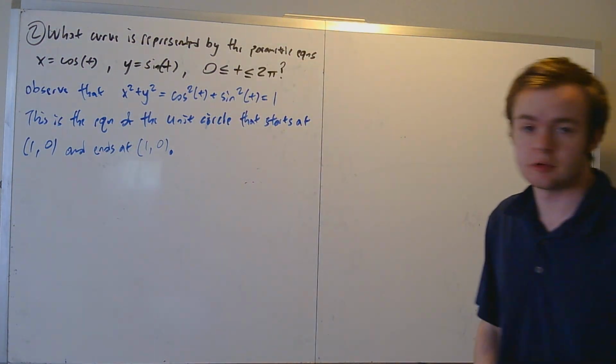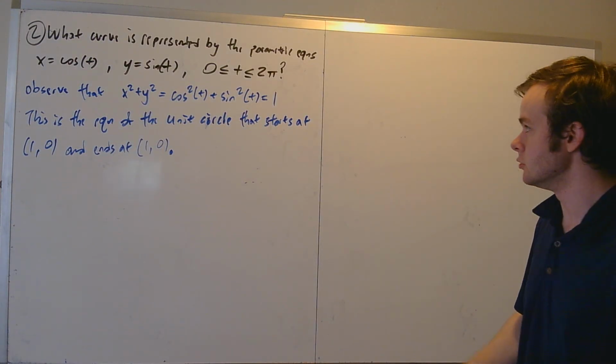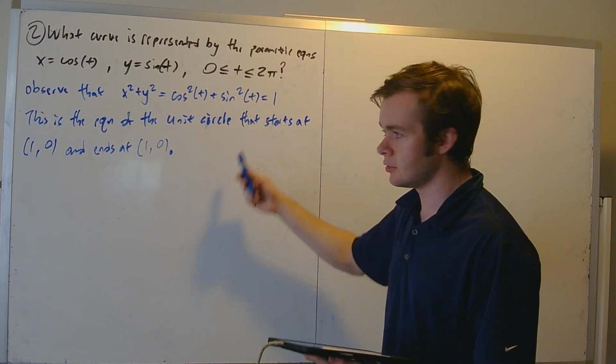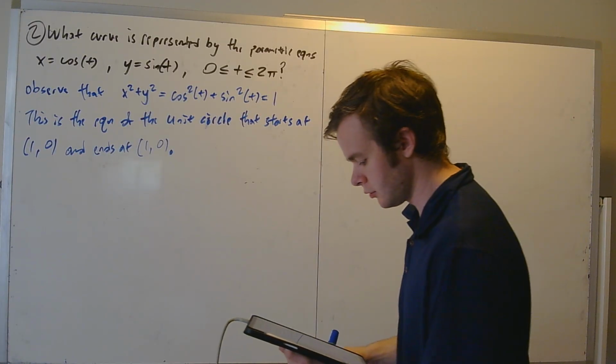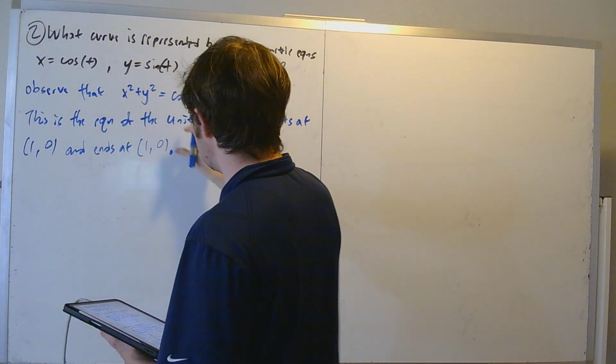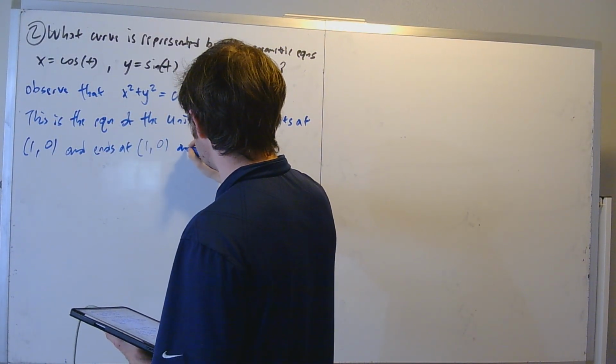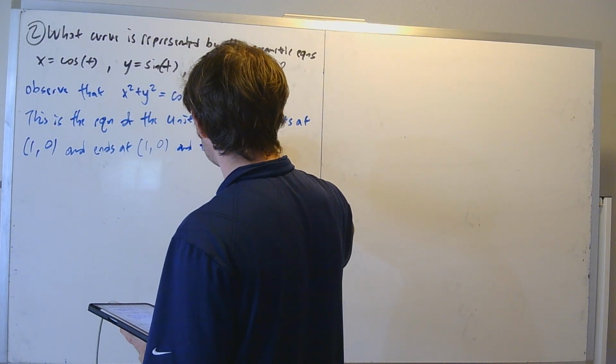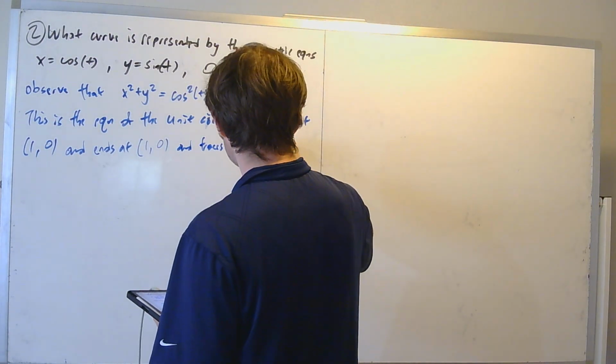And you can notice, well, it's going to go around the circle exactly once, right? Because t is going between 0 and 2 pi. And if that's the case, well, it just goes around the circle once and traces out the circle.